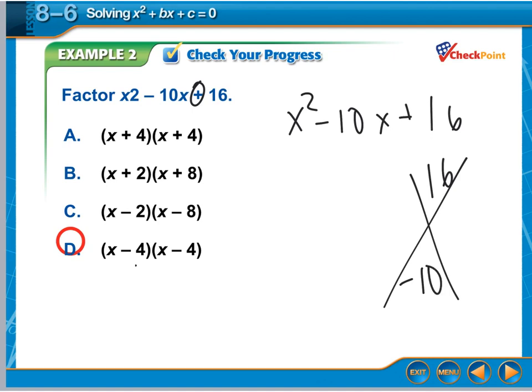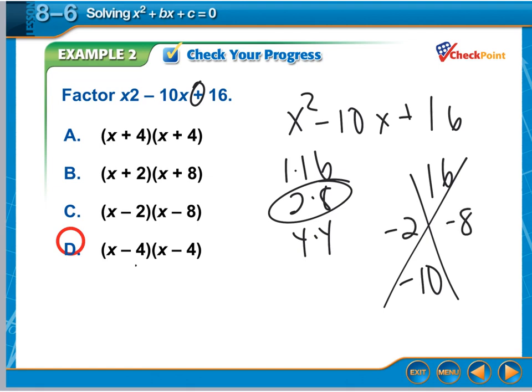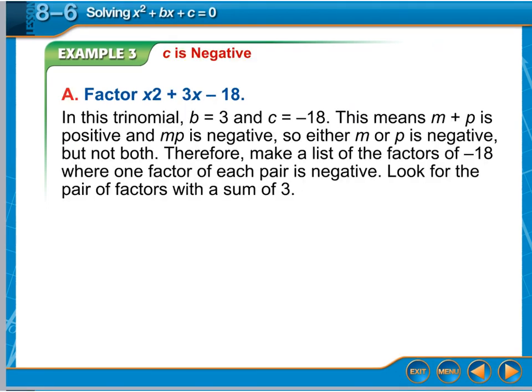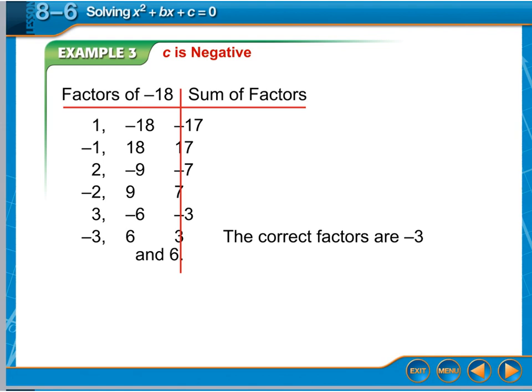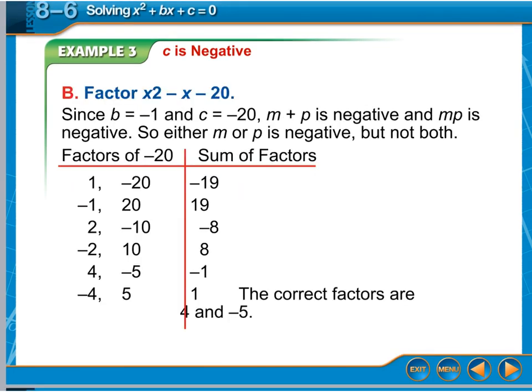Now the factors of 16 are those, and the only ones that make 10 are 2 and 8. So negative 2 and negative 8, and it's got to be this one here. Okay. I'll let you work this one a little bit. It kind of shows you how to do it as you go through it.